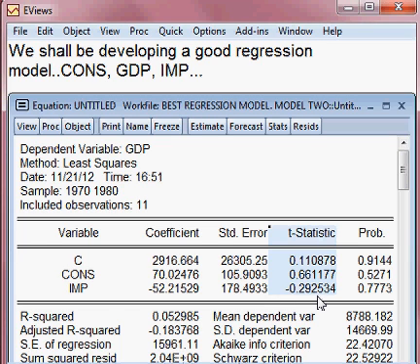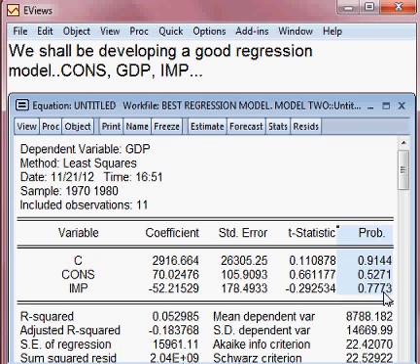So meaning that what will happen all the time, between absolute t statistic and the probability, these two always have an opposite association, meaning that if the t statistic goes up, the probability value will go down, or if the t statistic goes down, the p value will go up.